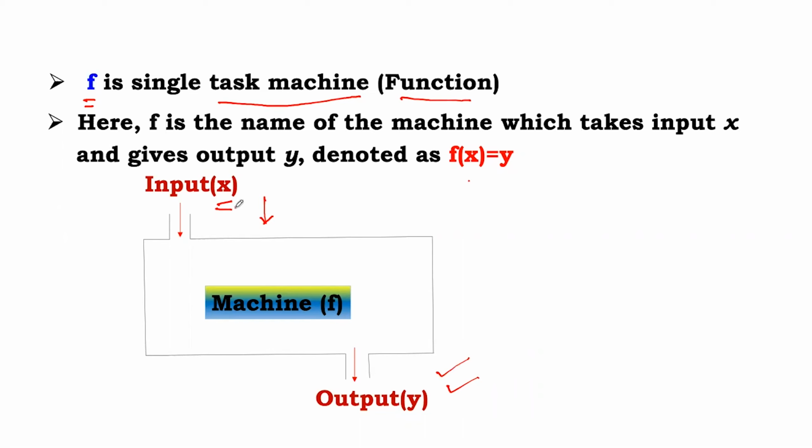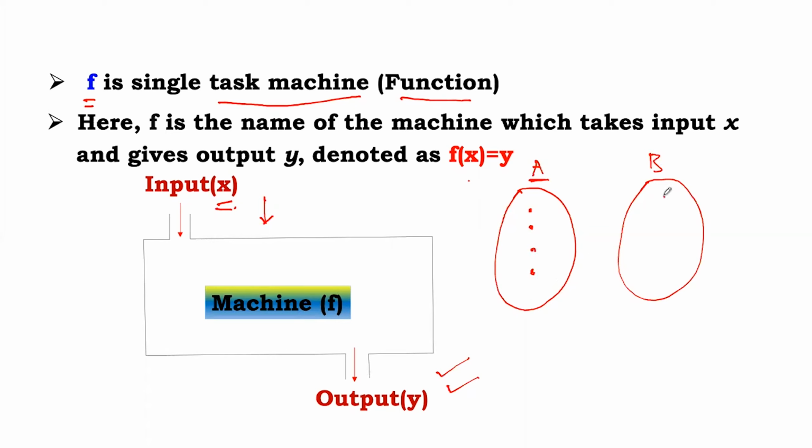So a single input giving you a single output, like set A is there and this is set B. The mapping from A to B is such that for the single one, it maps to a single one. This is the image, and the set A element is known as the pre-image. So A to B.